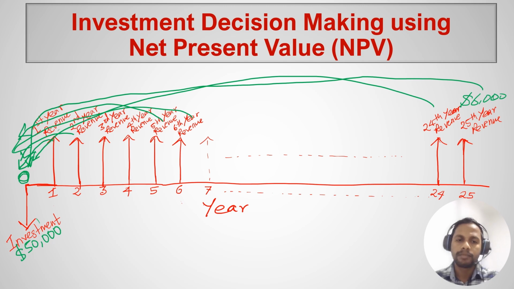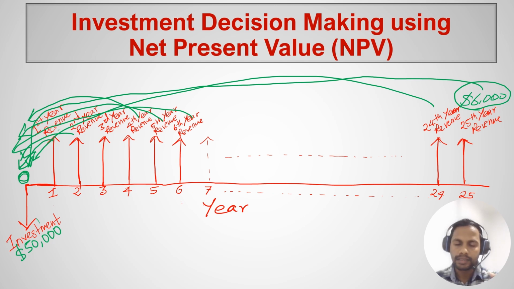This is the technique. We need some technique to bring all the cash flow to the beginning of the project. Only then can we do some analysis. So what is the current value of the $6,000 that I am going to receive after 25 years?